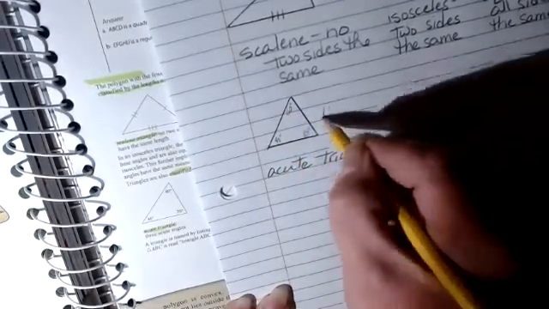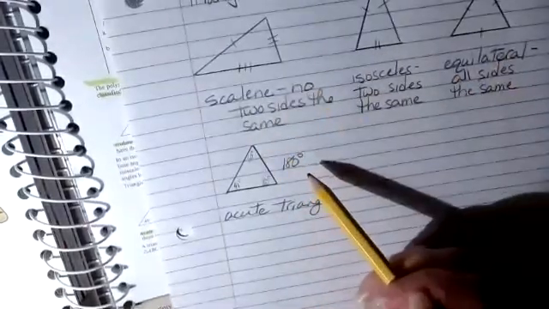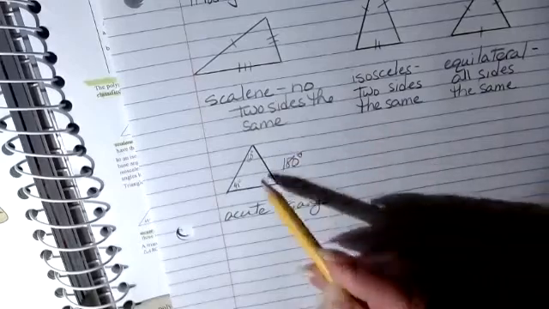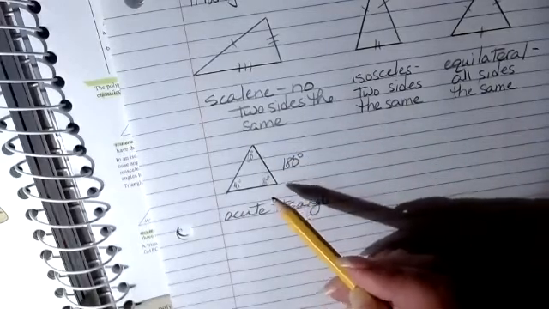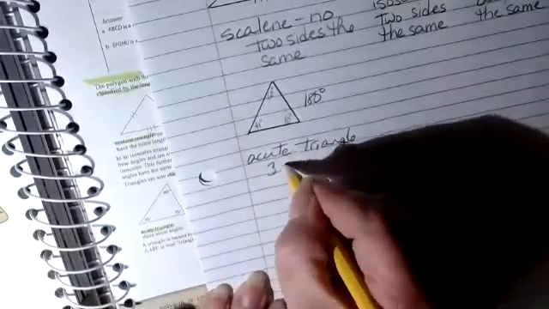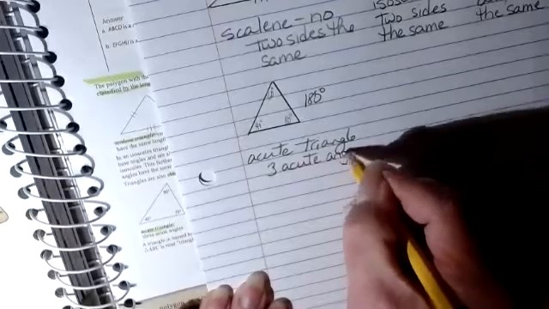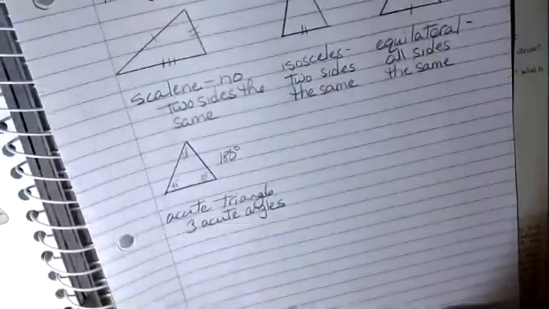Okay, it adds up to 180 degrees. And every triangle, no matter what kind, the angles will always add up to 180 degrees. But let me finish my definition. An acute triangle has three acute angles. There we go. Okay, let's look at the next one.